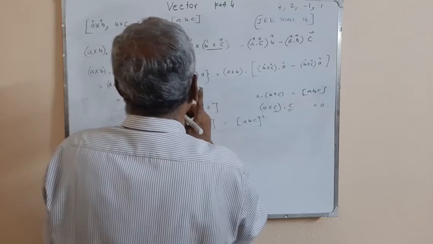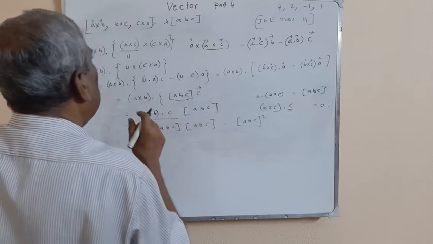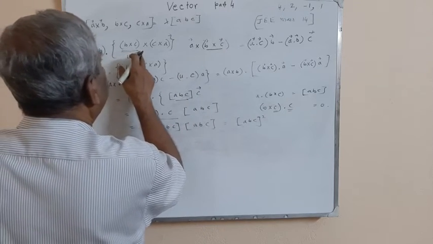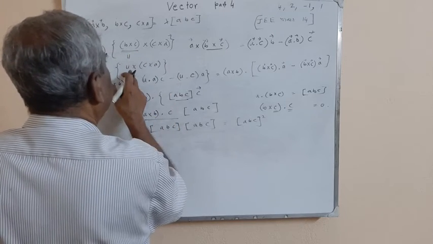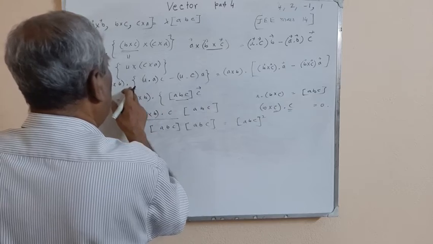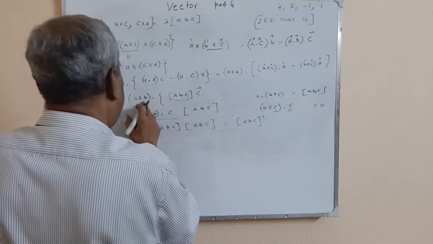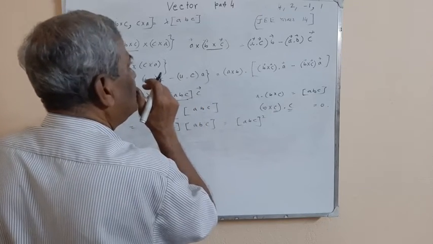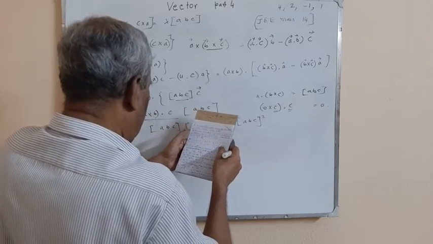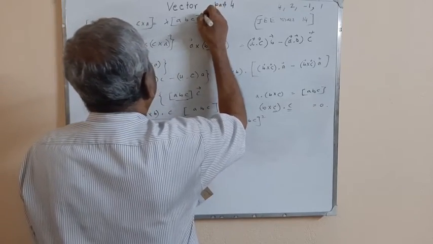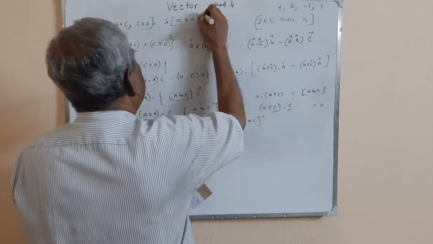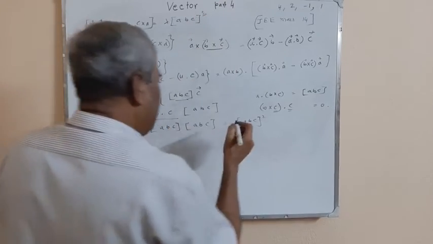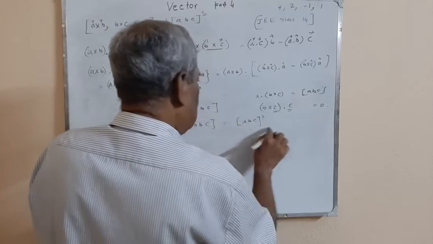Oh, just a minute. Somewhere I have made a mistake. Oh sorry, given that this is equal to lambda times this whole square, so we get it is equal to the whole square.